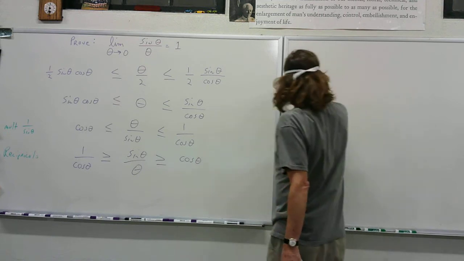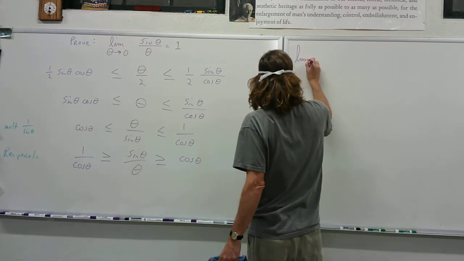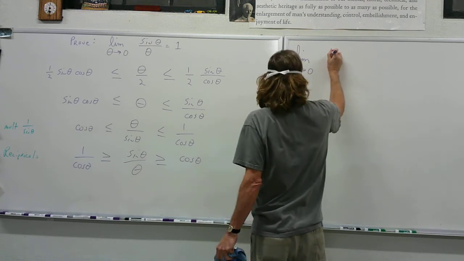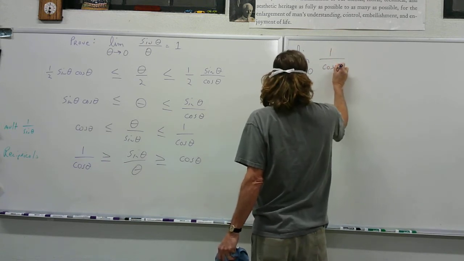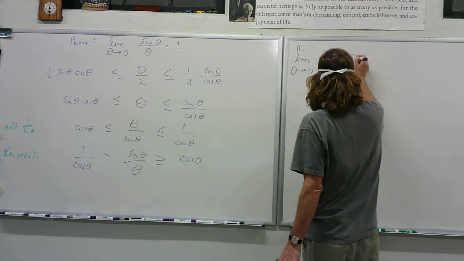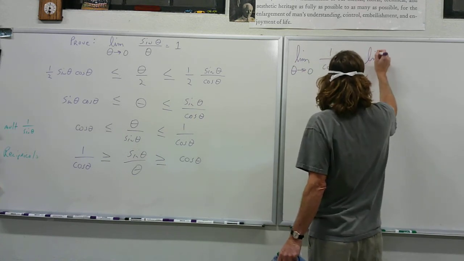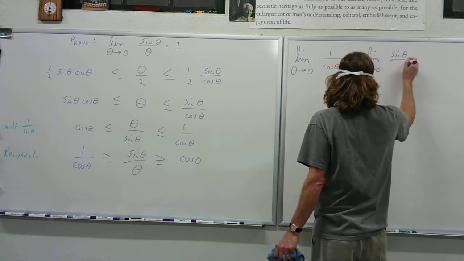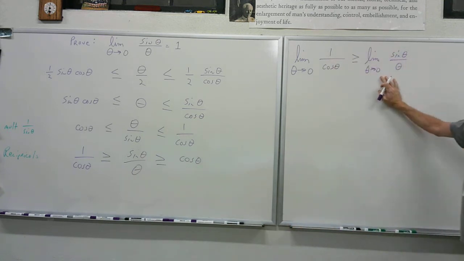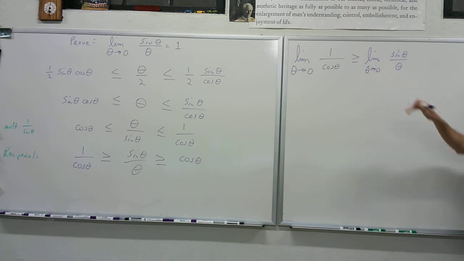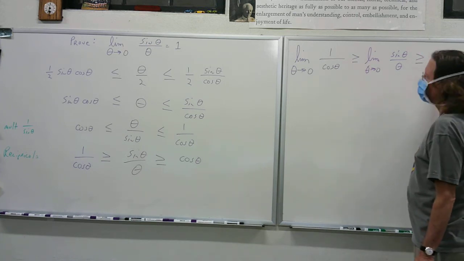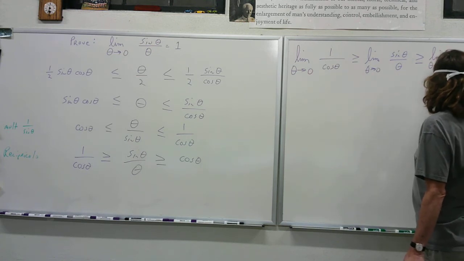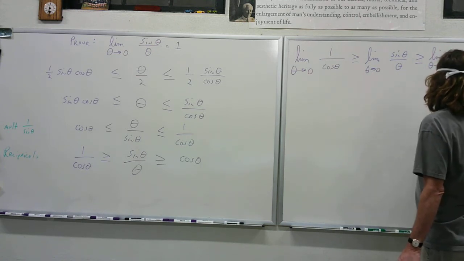We're going to do limit as theta approaches 0 of 1 over cosine theta greater than or equal to limit as theta approaches 0 of sine theta over theta, which we're really excited about because that's what we're trying to do what? Prove. Which is greater than or equal to limit as theta approaches 0 of cosine theta.